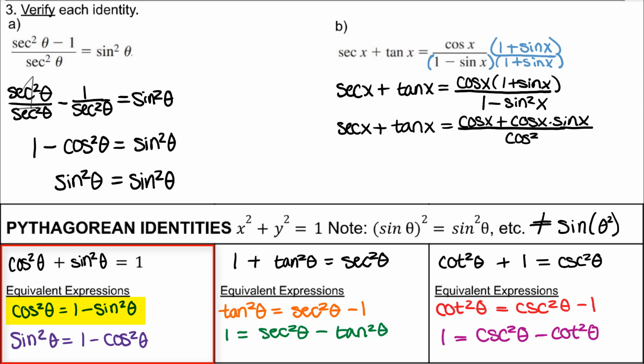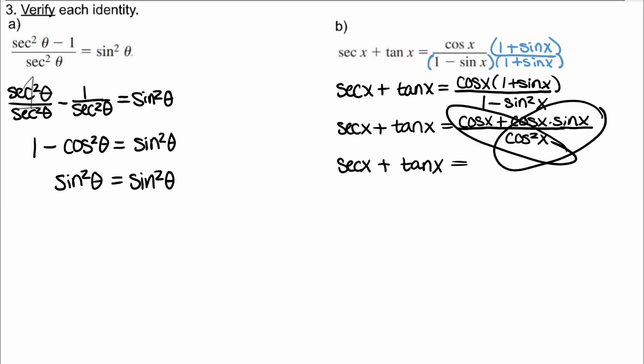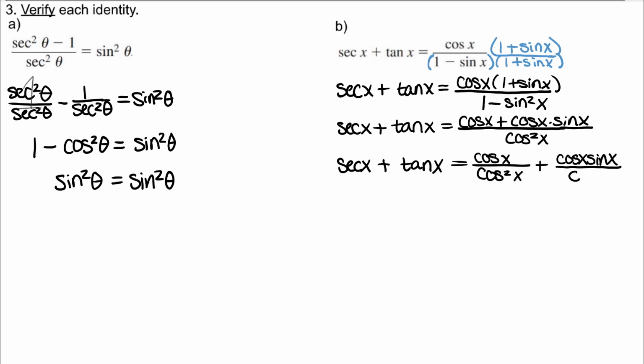Oh my goodness, now we have two terms divided by one term, so separate out cosine x over cosine squared x, cosine x times sine x over cosine squared x. Cosine x over cosine squared x is 1 over cosine x.